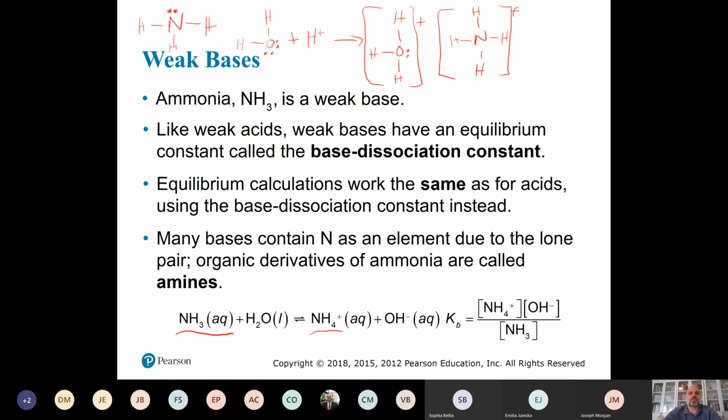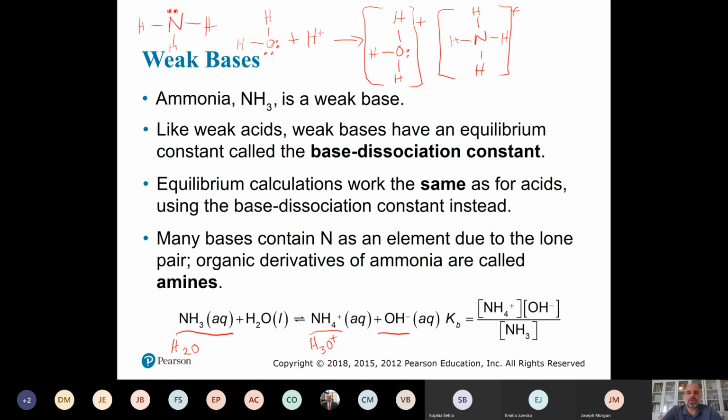You can see the difference between ammonia and ammonium is that one proton has now reacted with the lone pair on the nitrogen, and you end up with the hydroxide as a counterion, right? You could just as easily have imagined this being another water molecule going to H3O+.